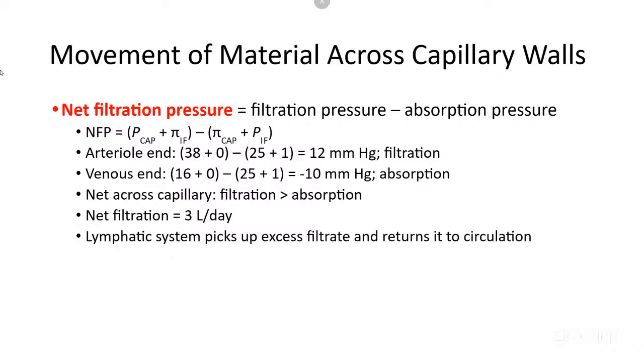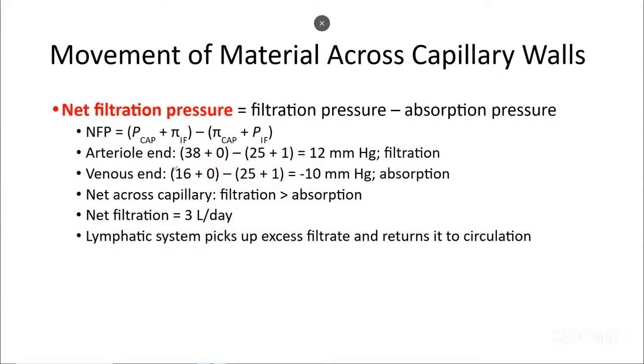So in total, our forces here on that first part are going to be bigger, right? So our forces for filtration are going to be larger, primarily because we've got this big force, this big P cap, this big hydrostatic pressure coming from the blood, coming into the capillary at that first part of the capillary at the arterial end. Okay?